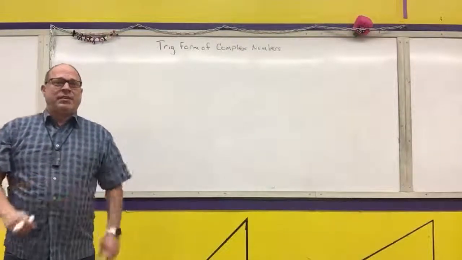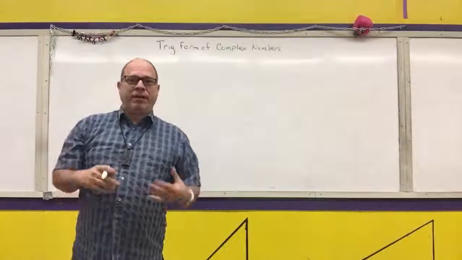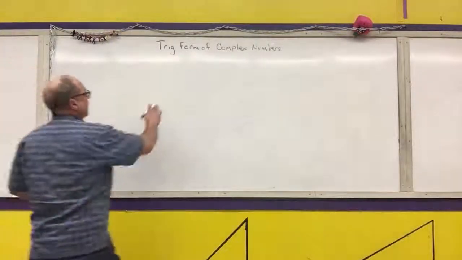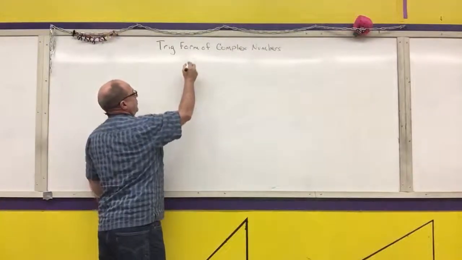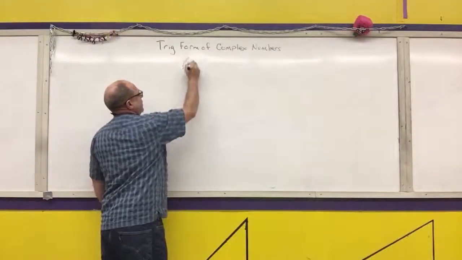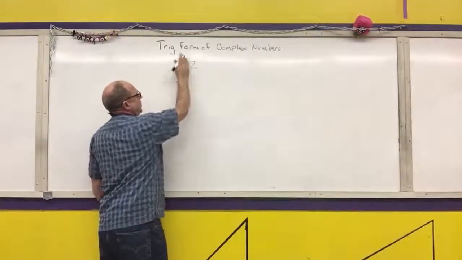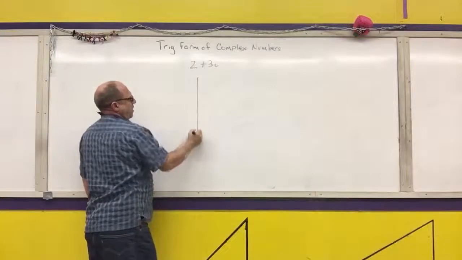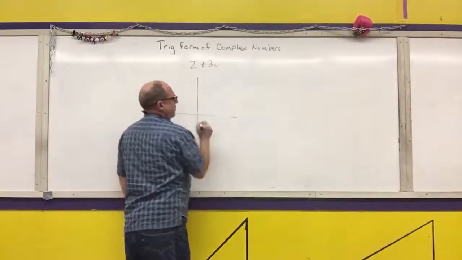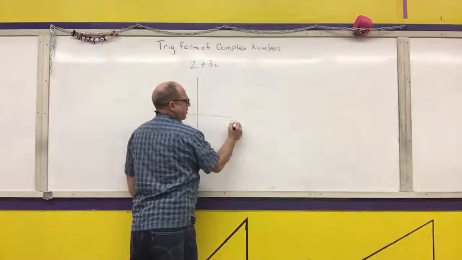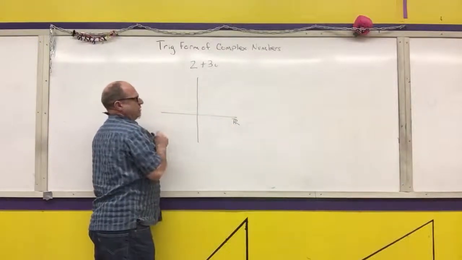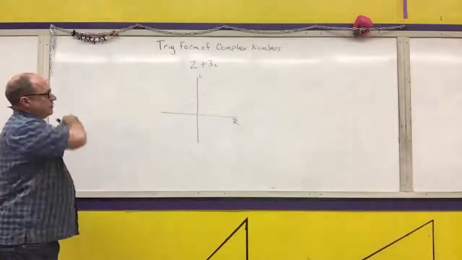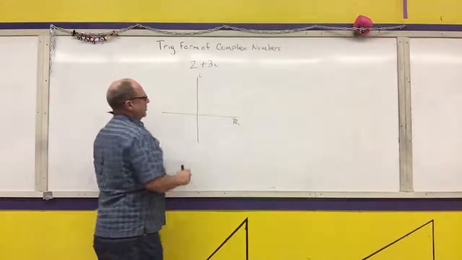For trig forms of complex numbers, a lot of the work is going to look very similar to what we did with the vectors. One thing I want to remind you about from your previous algebra classes: if I have the complex number 2 plus 3i, one way that I could plot that complex number is on an Argand diagram where the horizontal axis would be the real part and the vertical axis would be the imaginary part.